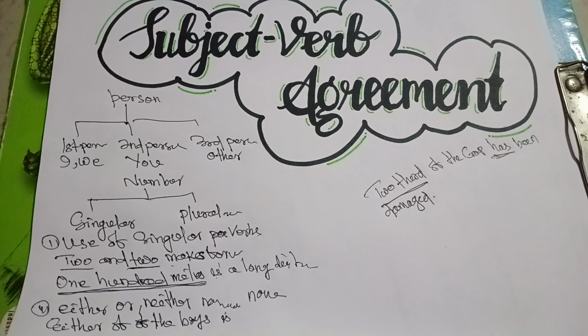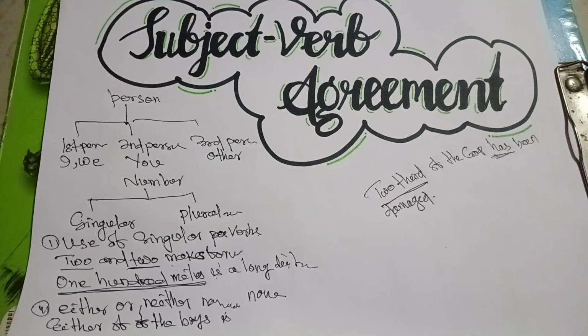But some words look like plural but they take a singular verb. For example, statistics. Here s is used at the end of the word, but that is not plural, that is singular.